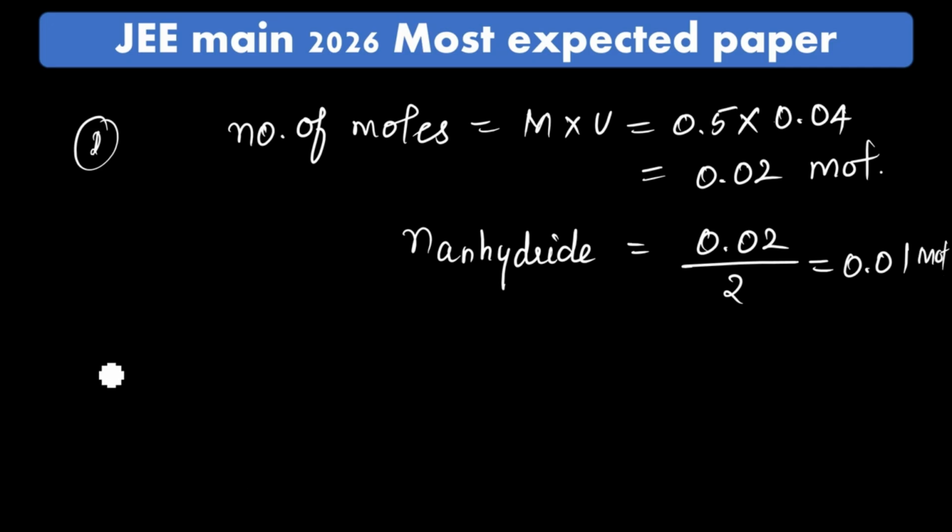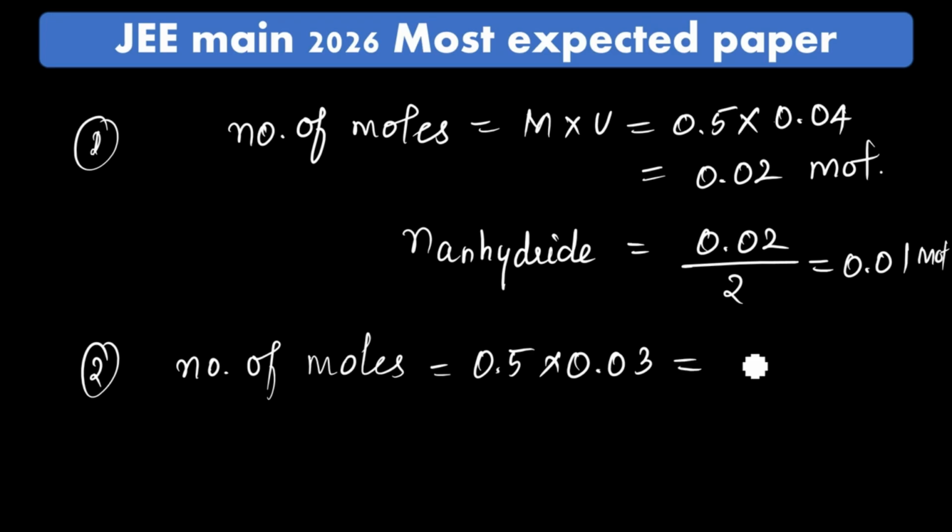Now the second one is titration, after the reaction. For that, I have this sample that requires 30 ml of NaOH, right? Now again, the number of moles of NaOH consumed is 0.5 into 0.03, that will become 0.0025. No, wait, it should become 0.015, right? That many moles of NaOH was consumed.